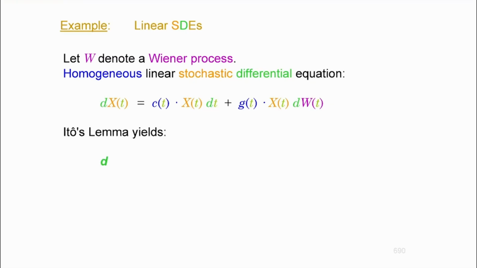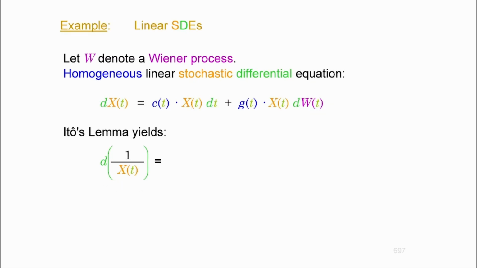Before I do so, I'm going to apply Ito's lemma on 1 by x. So this is the inverse of it, right? The function on which we apply it is x to the power of minus 1, so I'm looking at the increments of the inverse of the function.